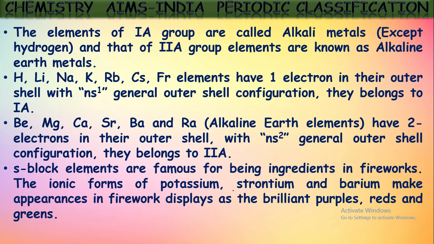If it is barium, it burns with an apple green color. In this way, when the compounds of these first A and second A group elements are burnt, they produce different colored flames. Because of this reason, these elements and their compounds are mostly used in fireworks.